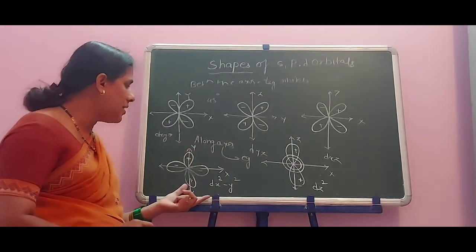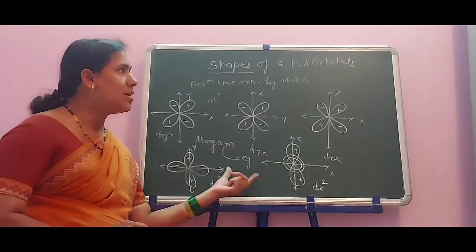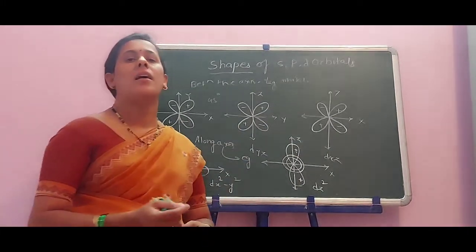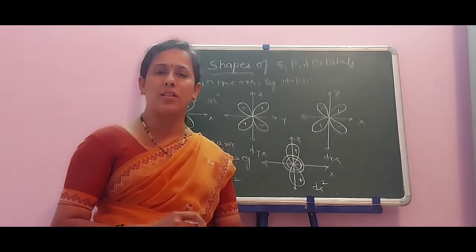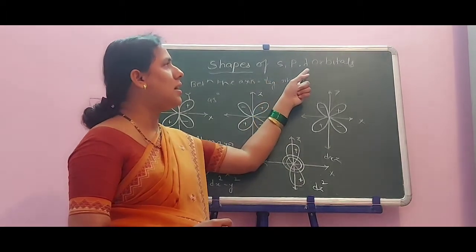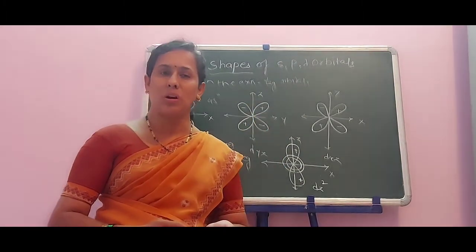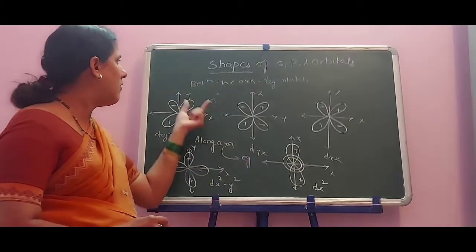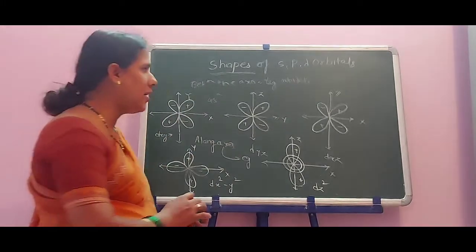Thus, according to these types, there is a development of the blocks in the periodic table. These are known as S, P, D and also F orbitals. Here L is equal to 2.